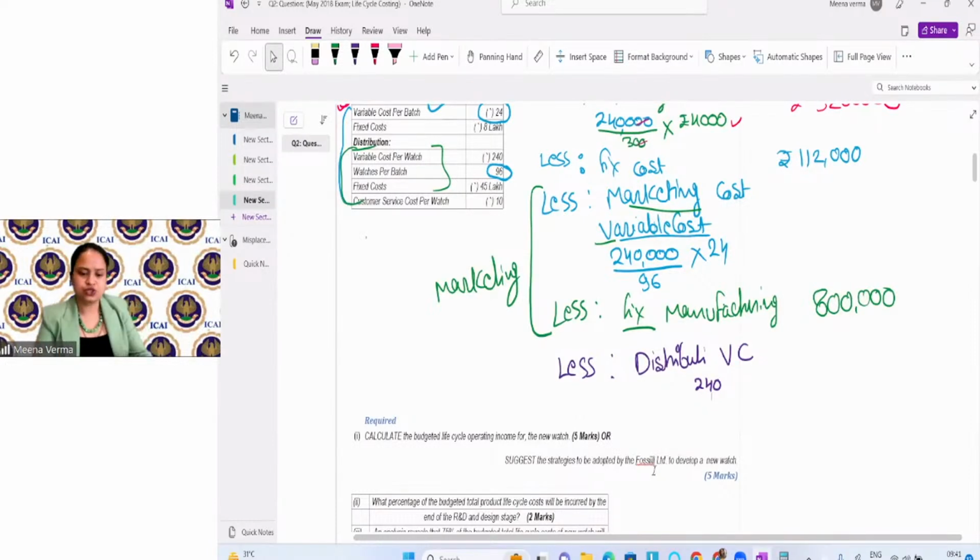Yes, that's it. So what you have done is just considered all the costs here: sales minus all the costs, all the variable costs and all the fixed costs.